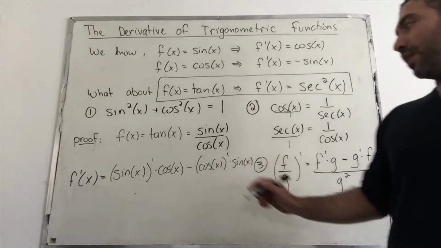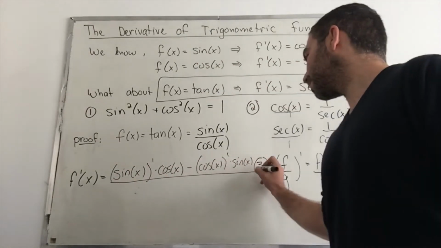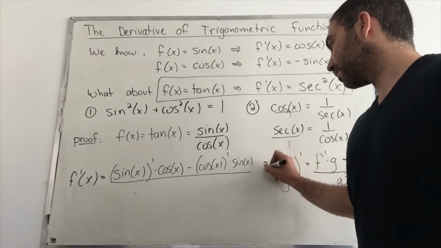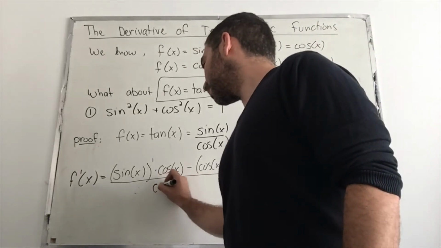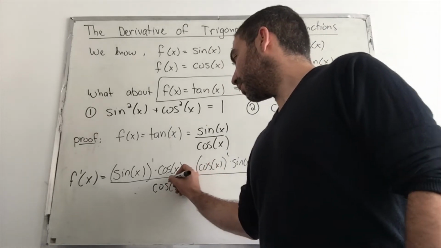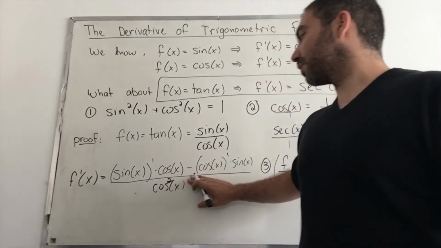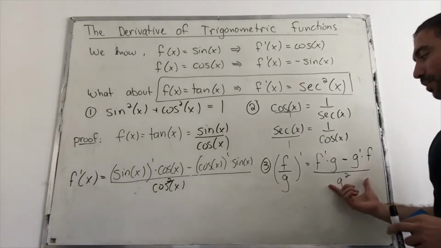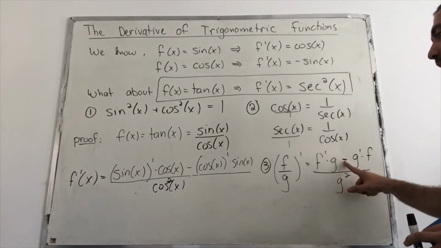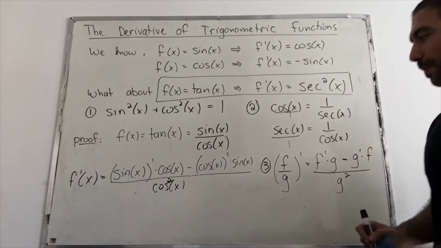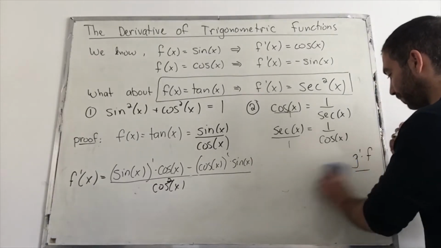And then all that over cos squared of x. So we just applied this property here: the derivative of the top times the bottom minus the derivative of the bottom times the top, over the bottom squared. Perfect.